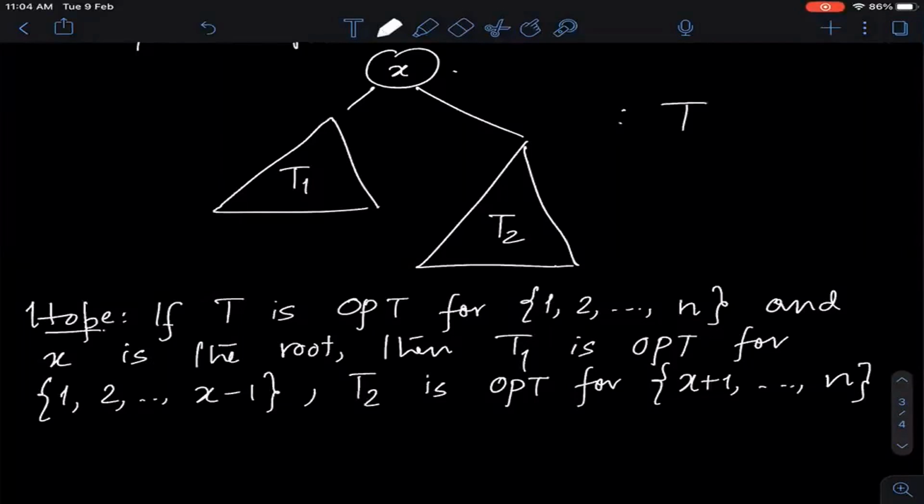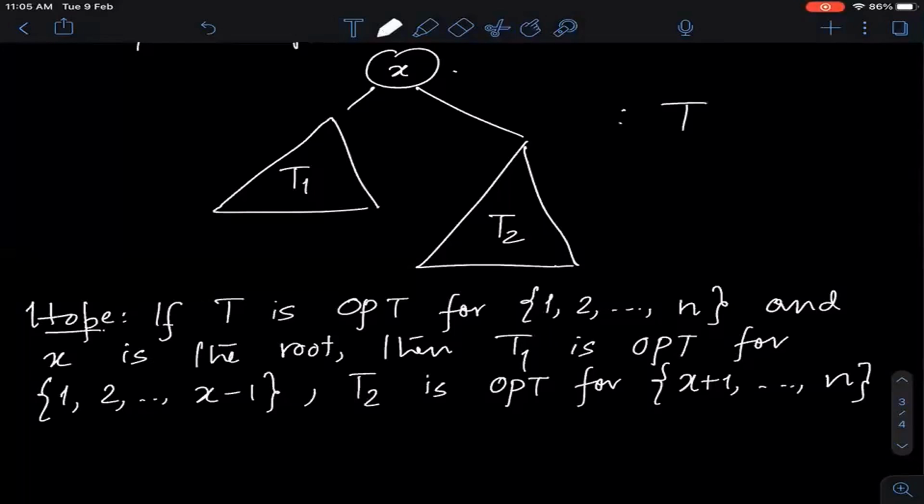Okay. Now the question is, is this true or not? And you can imagine this is not as obvious as some of the problems that we looked at. In those cases, it was very obvious that if I remove the last elements, for example, then the rest of the solution should form an optimal solution for the remaining input instance. But here it's not that clear, that straightforward.